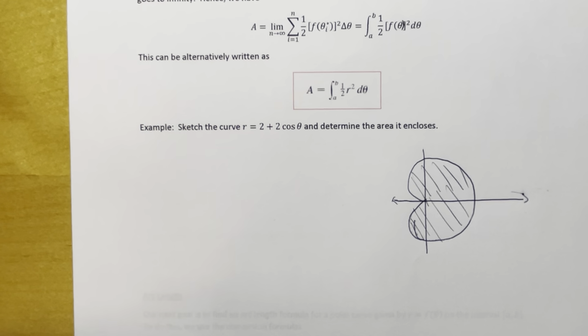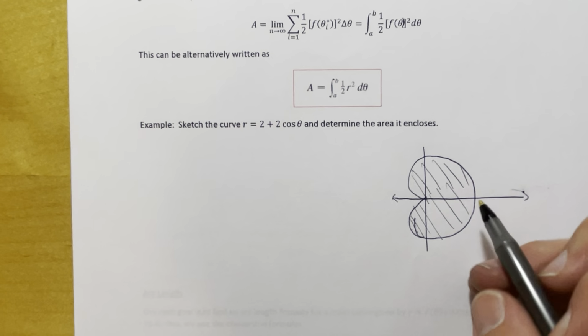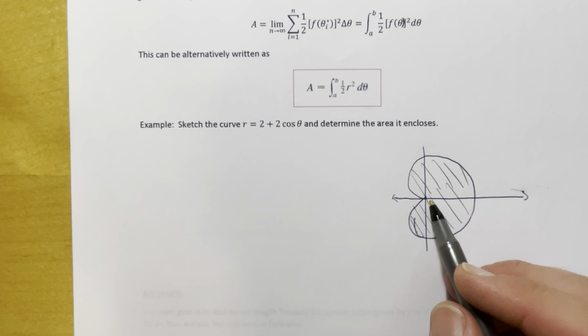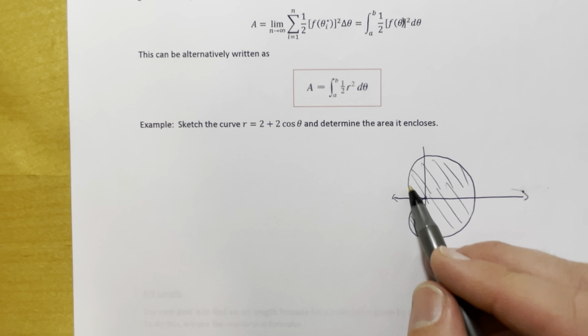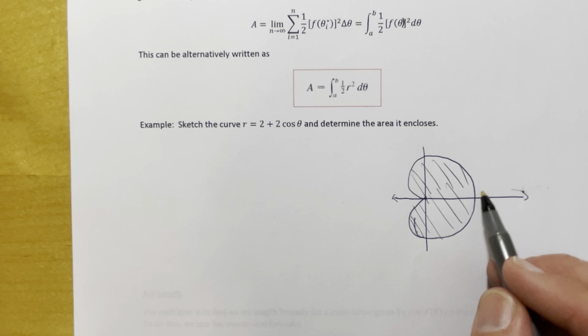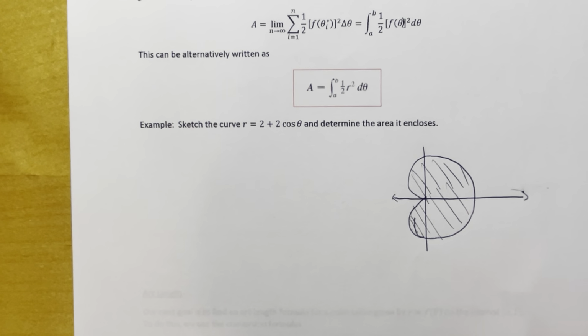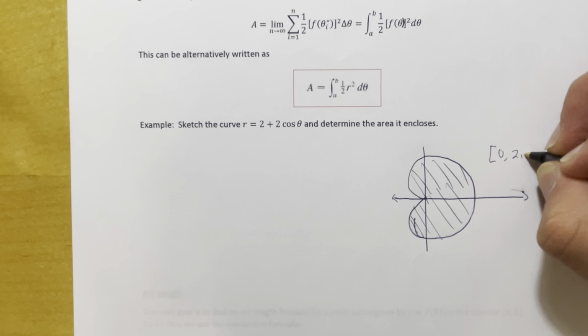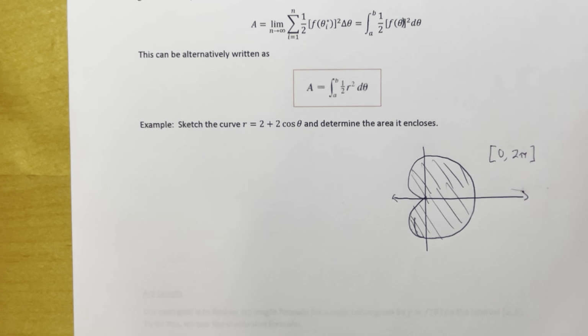How do I get the area of that thing? Well, to graph this entire cardioid, we have to plug in values of theta going from 0 all the way to 2 pi. It makes a full circle and comes back to where we started from if we do that. So the interval for my theta that I want to use here is 0 to 2 pi. Okay?